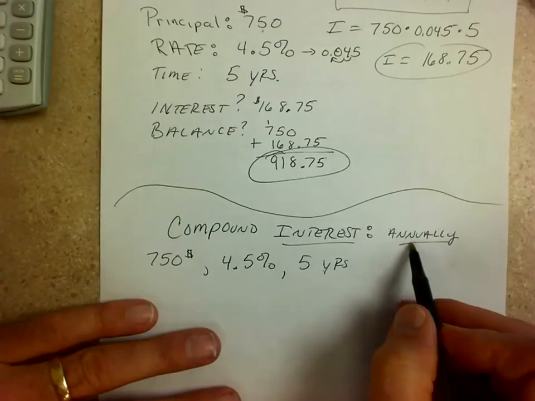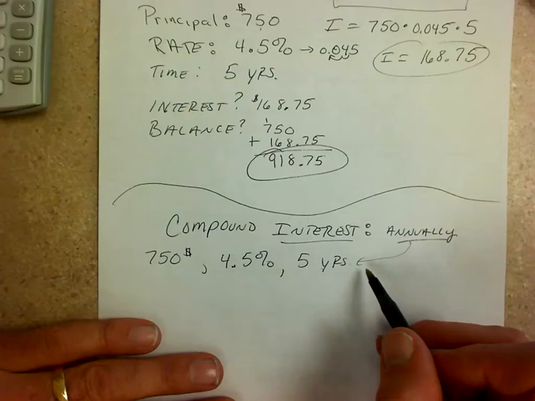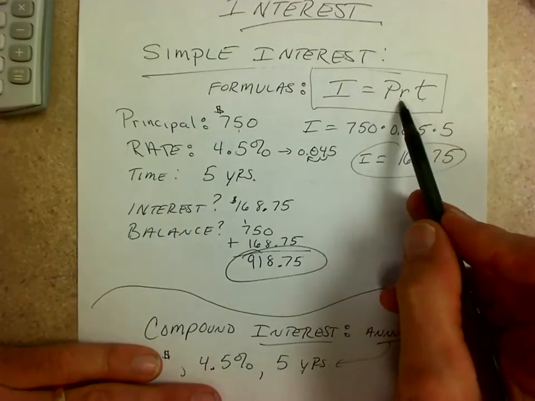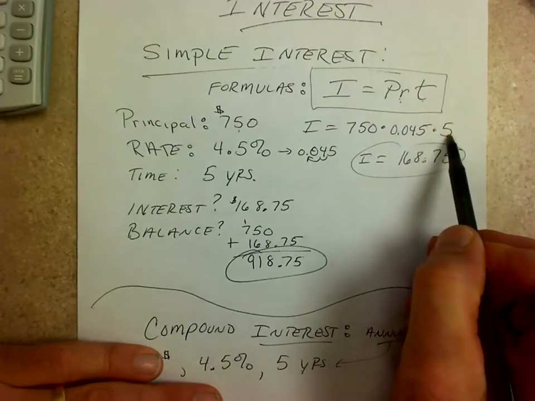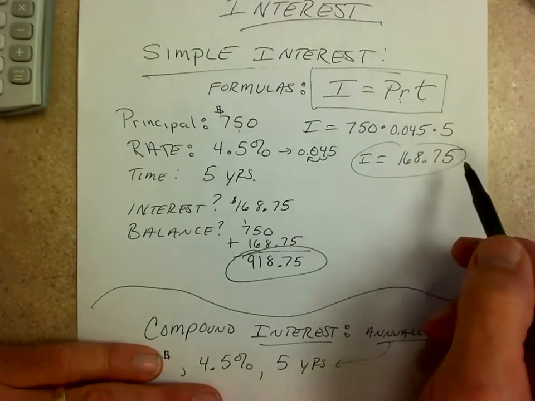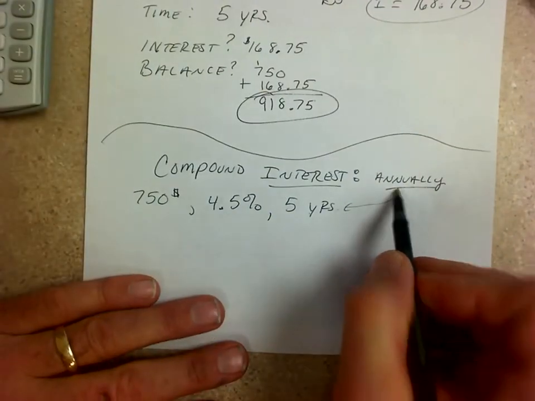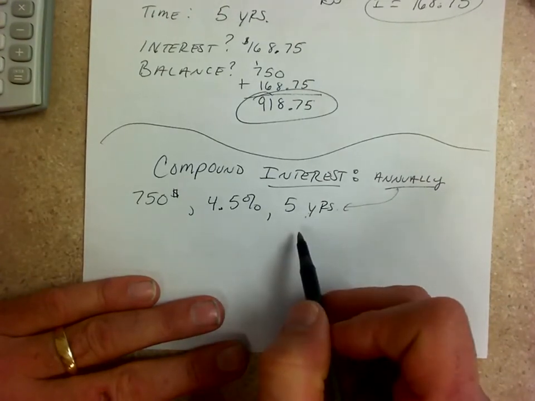So that means your interest is going to be calculated 5 different times. Whereas up here on this problem, we're only calculating the interest one time, and it's based on 5 years, but we only calculate it one time. Down here, compounding it annually means they're going to calculate it once a year, so your interest will be calculated 5 different times.